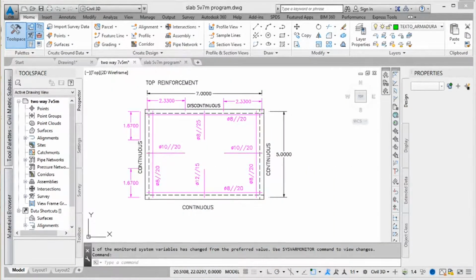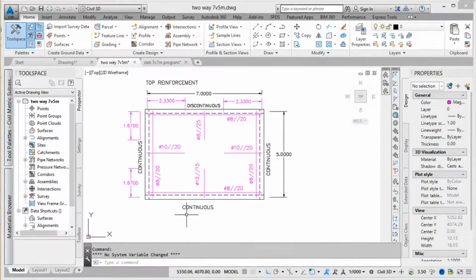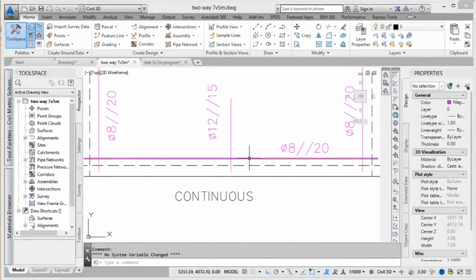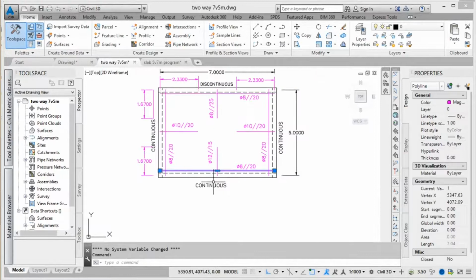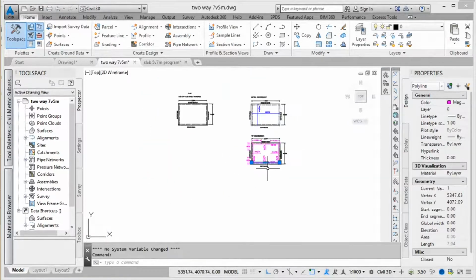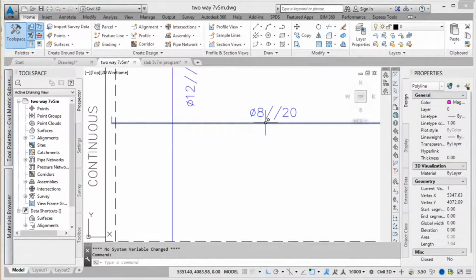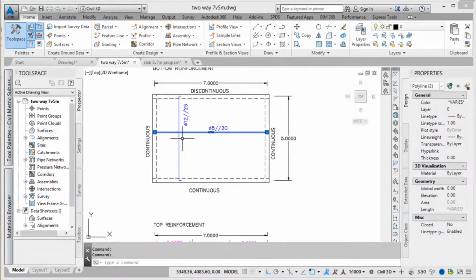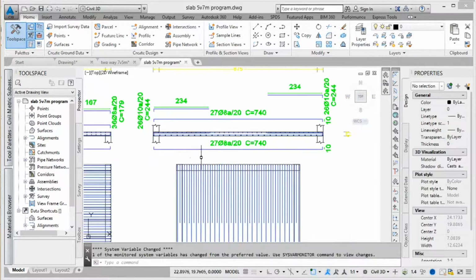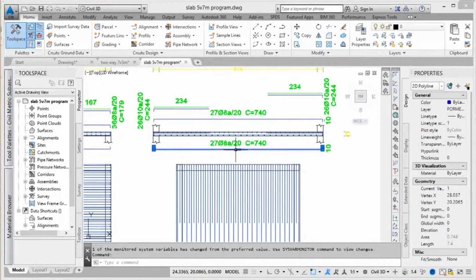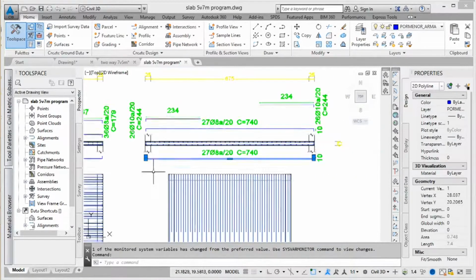If we go look at what we calculated, we got a diameter of 8 spaced by 20. Let's see here, diameter on the bottom of 8 spaced by 20 here on the longer span. Okay, so it's exactly the same in the software.